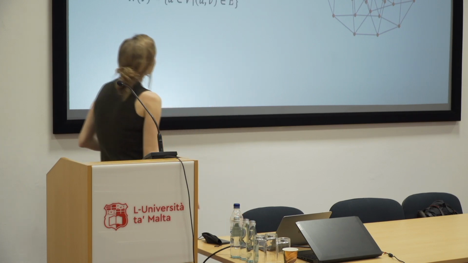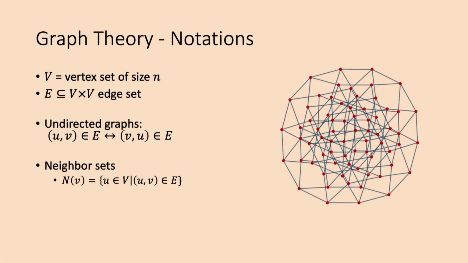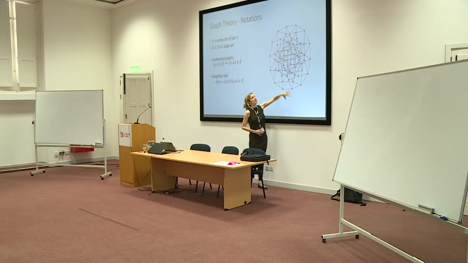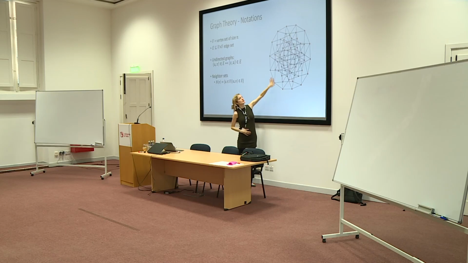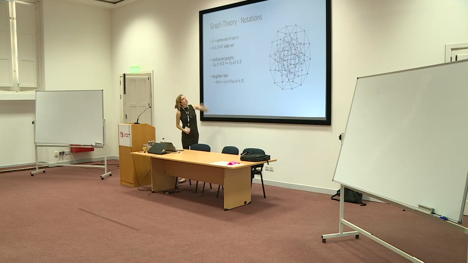So given such a collection, I'm giving you a vertex set and a subset of all of the possible pairs of these vertices, and these correspond to edges that do exist versus ones that we don't have.